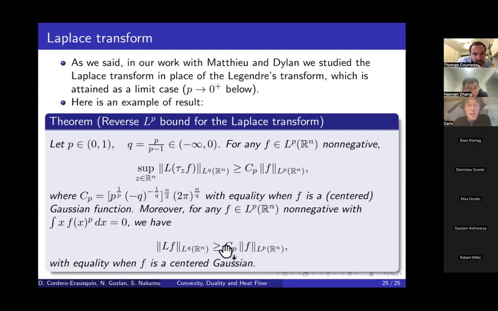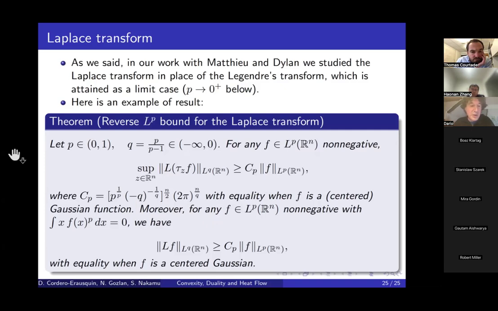So if f is even, Nakamura and Tsuji proved this inequality. And what we prove is that if you take the supremum over all translations, you have the same result. So you have an inequality like this: the Lq norm of the Laplace transform is above the Lp norm, with some constant for which there is equality.